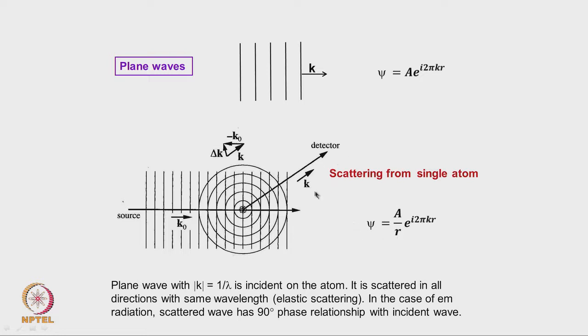At any particular point on this circle, because this circle is essentially the cross section of a sphere, what will be the intensity of that radiation? If the intensity here is I0, it will be I0 by 4 pi r squared, correct? That is the intensity at a distance r from the center. So, amplitude will be, because generally intensity we write as psi star, correct?